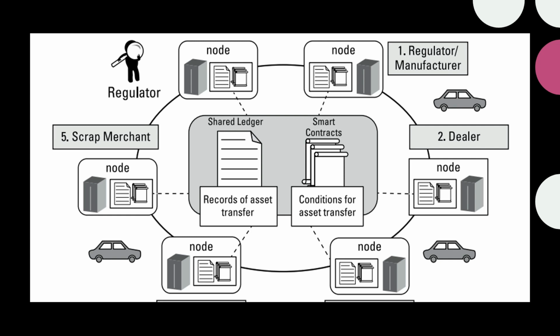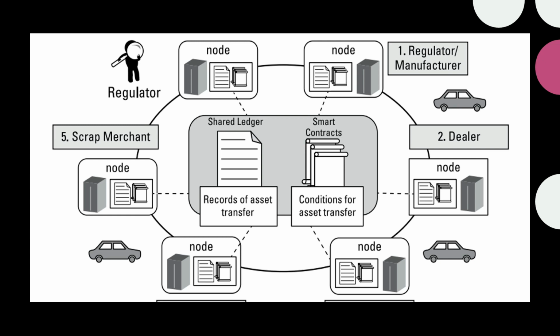Now, in blockchain, what will happen is you will no longer have multiple ledgers. You will have a shared ledger. This is the shared ledger, and there are smart contracts, which are contracts for the asset transfer. Now, the regulator doesn't need to go to multiple people and ledgers. They can just look at the blockchain, which is the shared ledger.